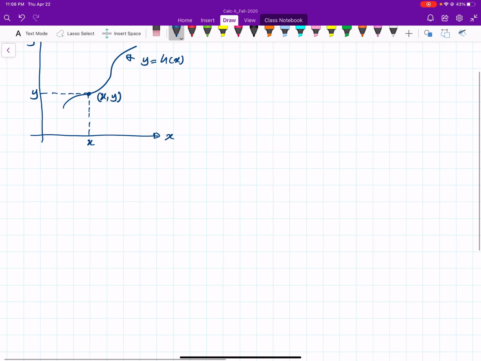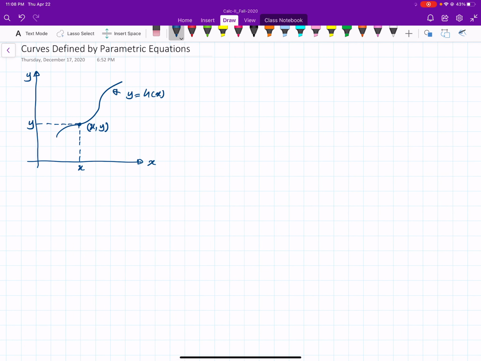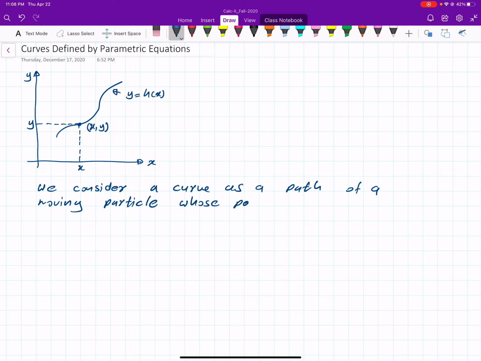We consider a curve as a path of a moving particle whose position is changing over time.